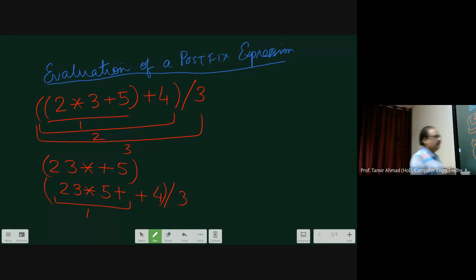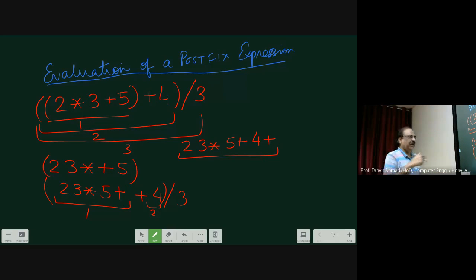Now in that case, this is the first operand, this is the second operand. Now what I will do is convert like this: 2, 3, multiply, 5 plus, then 4 plus. And this is the total result after doing steps 1 and 2, because the first operand is this one, the second operand is 4, and then the operator.